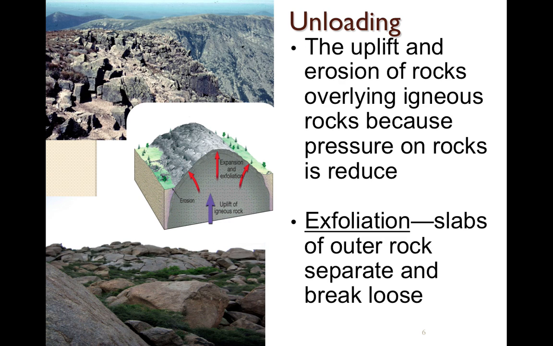So the pressure on the rocks is reduced, which results in unloading. Those rocks now begin to uplift, but as they uplift, you get exfoliation where these outer slabs are broken loose.